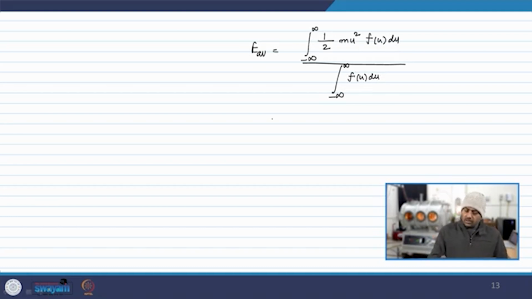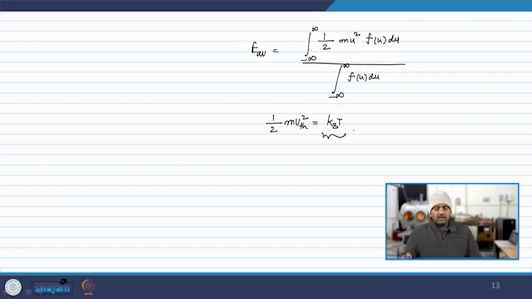Now, let us say the particle has some thermal velocity and because of it some kinetic energy, m Vth square is equal to kBT, because by virtue of its temperature it has this energy kBT and this energy must be equal to the kinetic energy of the particle.